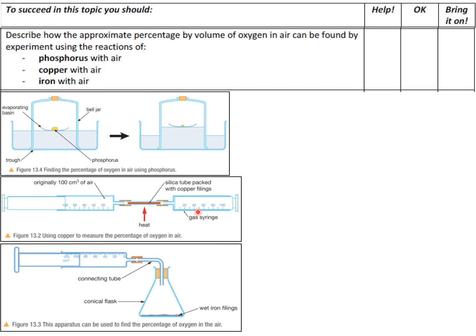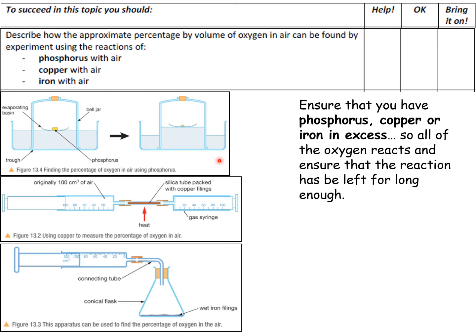So in all three of these experiments, you have oxygen reacting with a substance, and because the substance only reacts with the oxygen in the air, we can calculate how much oxygen was actually in the air if we calculate the volume of gas before, then the volume of gas afterwards. So all of these three experiments work on the same principle, and indeed any other experiment you'll see related to calculating the percentage of oxygen will work in a similar way as well.